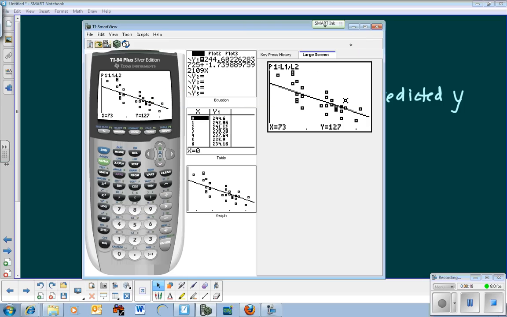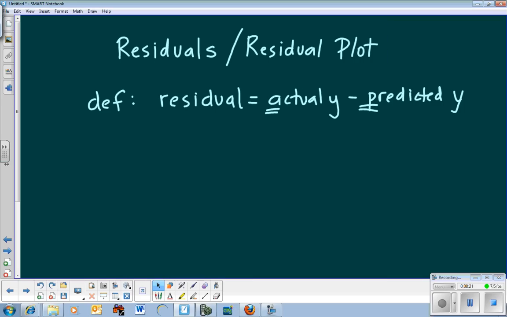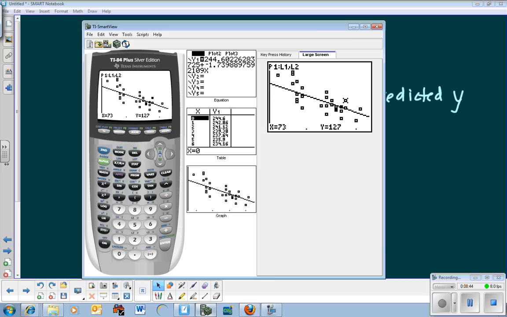More importantly, for this particular class, is the idea of a residual plot. A residual plot, it's not one of my favorite graphs because the information we're going to gather from the residual plot, we can pretty much gather from the original scatter plot. A residual plot, instead of just plotting the y values along with the x's, is going to plot each one's residual. So back to our calculator.